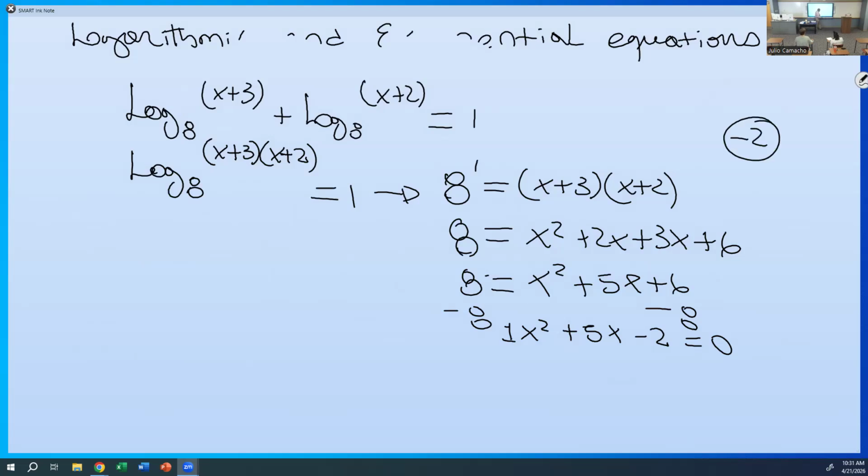Because you need to find two numbers that when you multiply them will give you a negative 2, but when you add or subtract will be a positive 5. Which numbers will be 3 and 2? Oh wait, you have to multiply to negative 2 and add to positive 5.